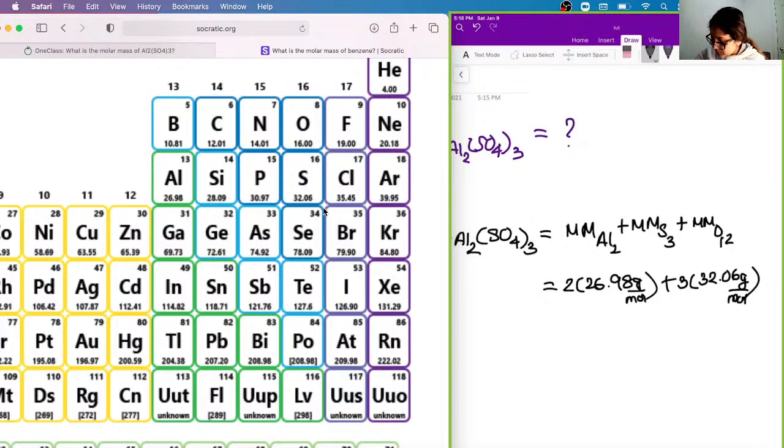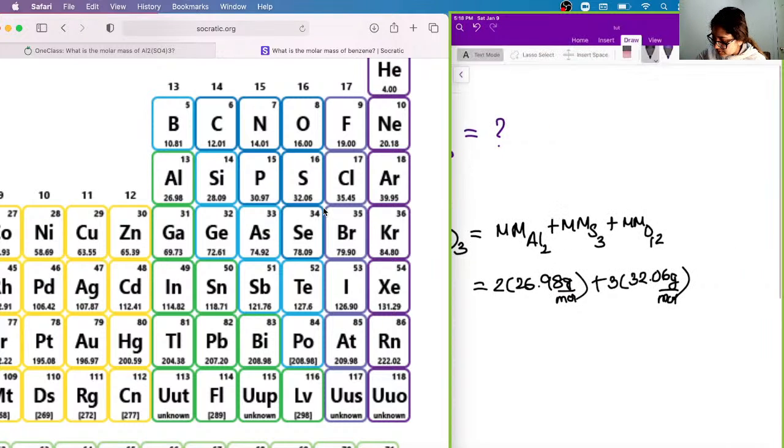Lastly, we have 12 oxygen, so we multiply that by 12. The molar mass of 1 oxygen atom is 16, multiply that by 12.